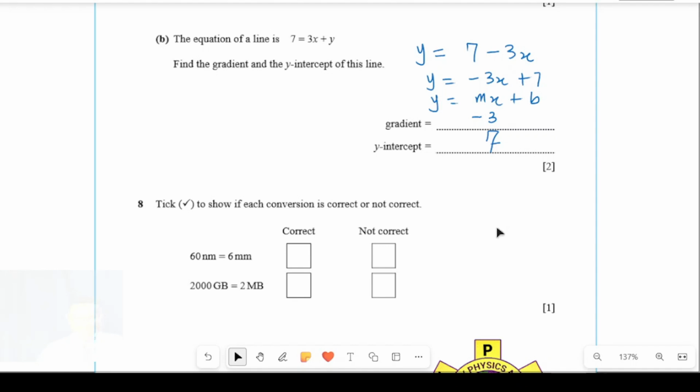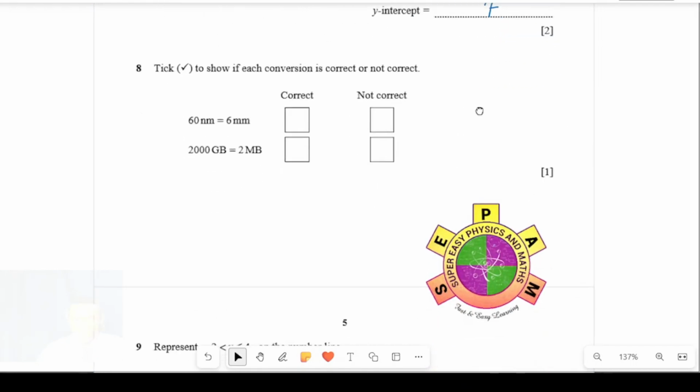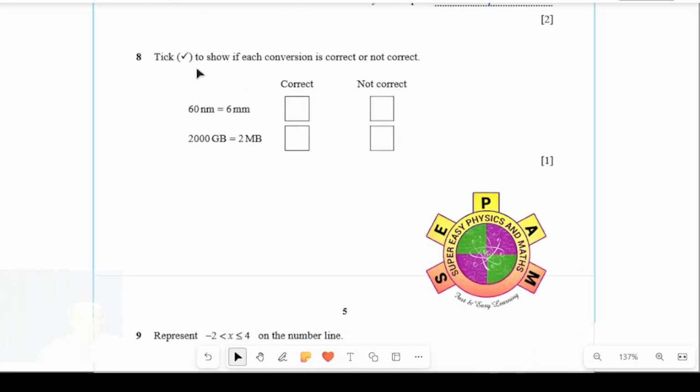Now let's look at question 8. Put a tick to show whether each conversion is correct or not. 60 nanometer is equal to 6 millimeter. You wonder why I'm laughing? This is not correct.